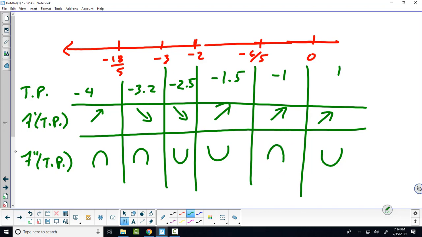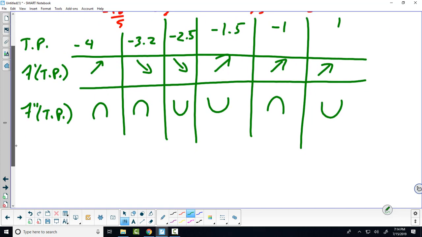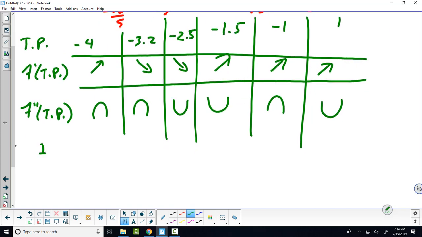All right, so let's just identify what we've noticed. We have just identified that we have some local maxes. Where are our local maxes? We have a local max at x equals negative 18 fifths, right? And we found that we have a local min where?